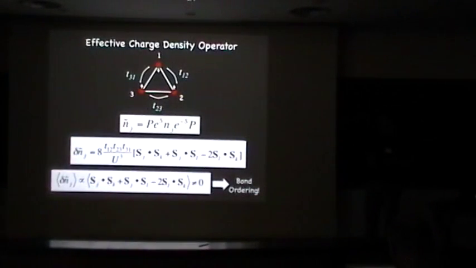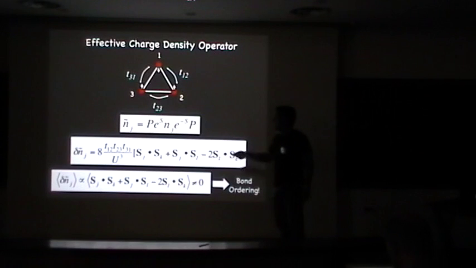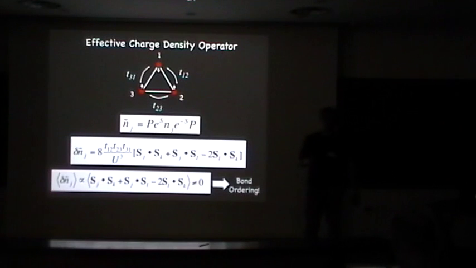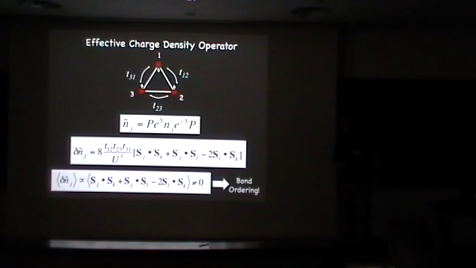So we saw yesterday that this effective charge density operator is proportional to a bond operator, right? Meaning that a necessary condition for getting a charge density wave induced by spin ordering is to have bond ordering, right? So the bonds that originally were equivalent in your system have to become spontaneously inequivalent.